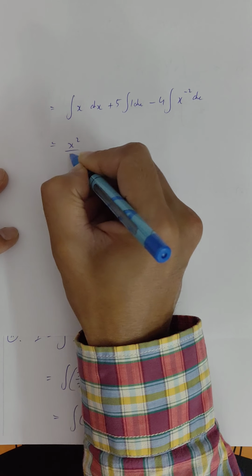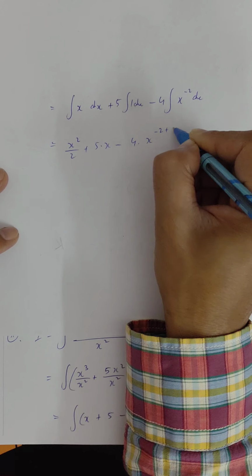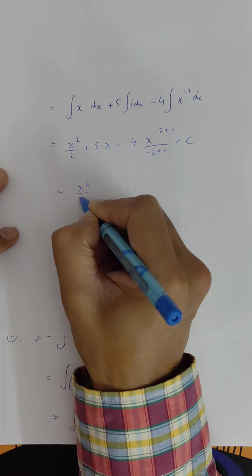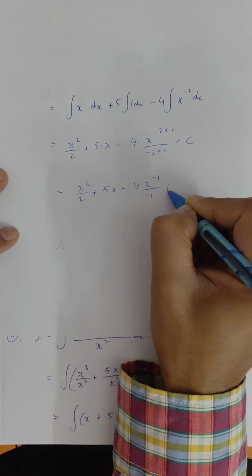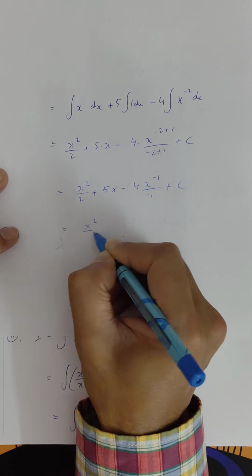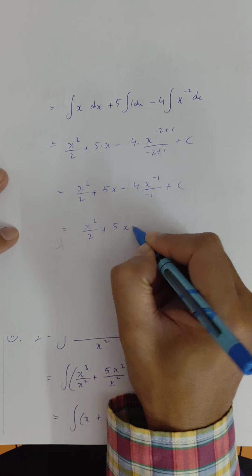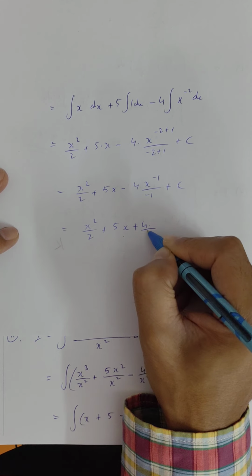So that is x squared by 2 plus 5 into x minus 4 into, this will be minus 2 plus 1. Now let me show. That is x squared by 2 plus 5 into x minus 4 into x power minus 1 divided by minus 1 plus c. That's going to be x squared by 2 plus 5x plus 4 by x plus c.